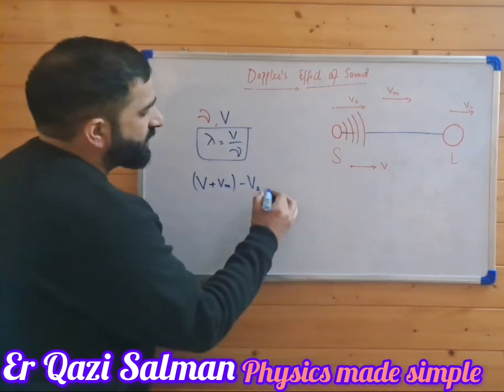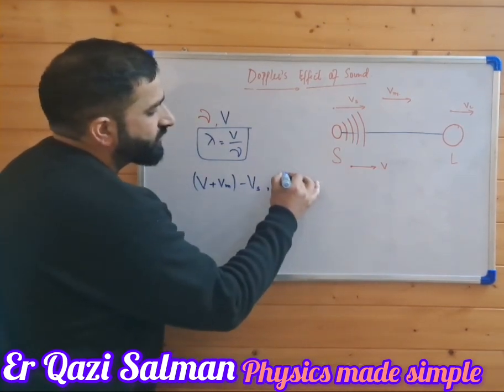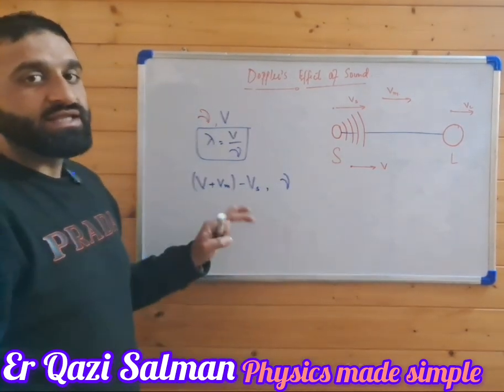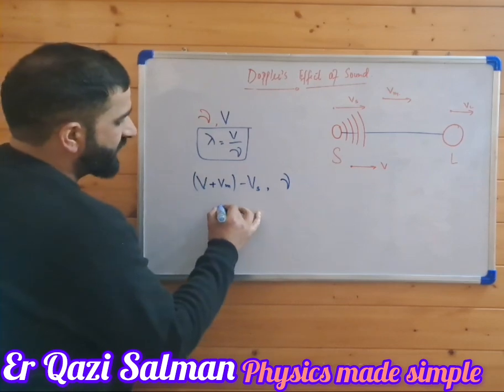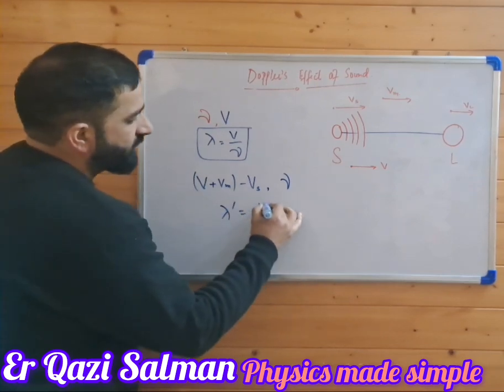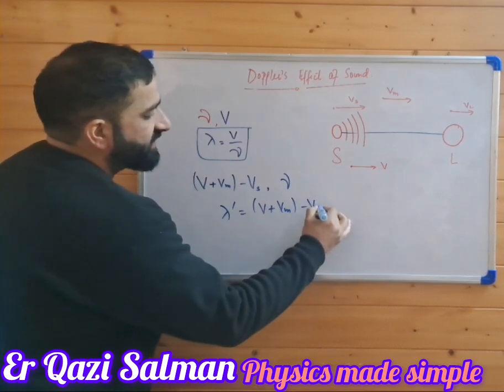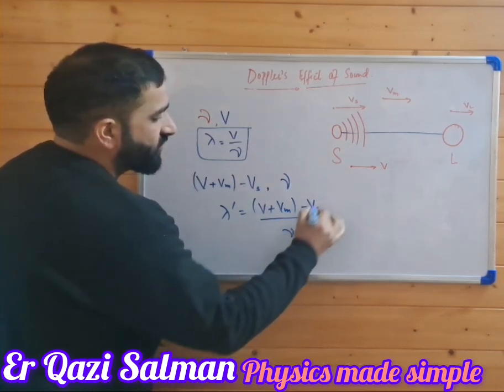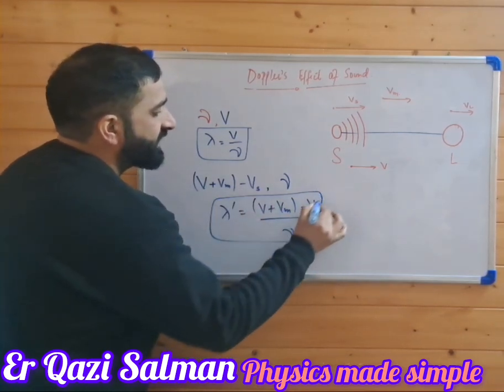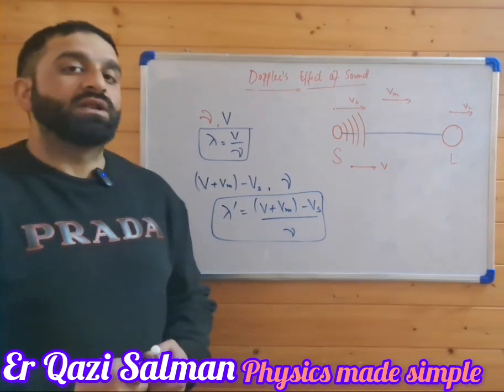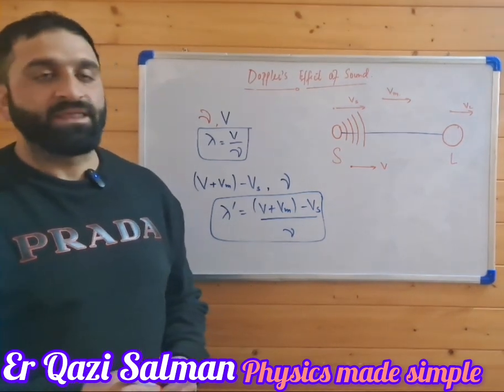If the frequency of the sound produced is equal to nu, then the apparent wavelength of the sound, lambda dash, will be equal to v plus vm minus vs divided by nu. It is the apparent wavelength of the sound.